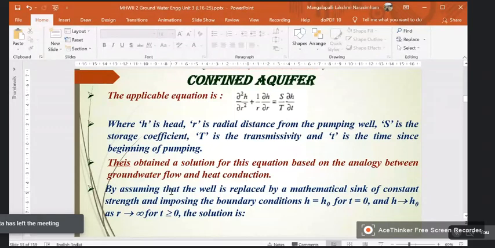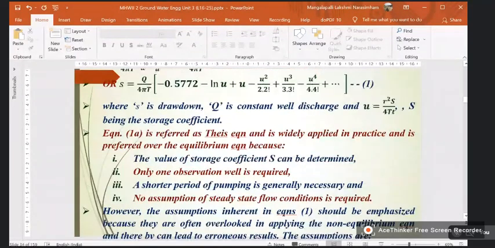So, by assuming that the well is replaced by a mathematical sink of constant strength and imposing the boundary condition h is equal to h naught, that is the initial head corresponding to initial time t is equal to 0, and again h is equal to h naught for any time at an infinitely large distance, r being infinity, measured from the axis of the pumping well. So with these boundary conditions, the solution is given as follows.